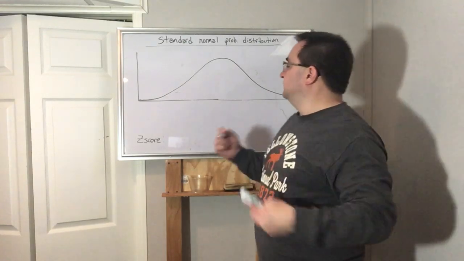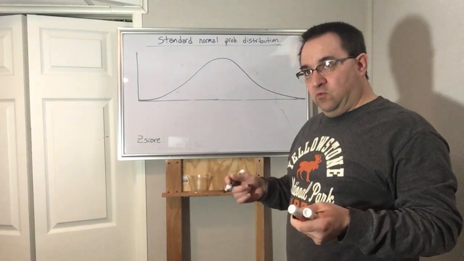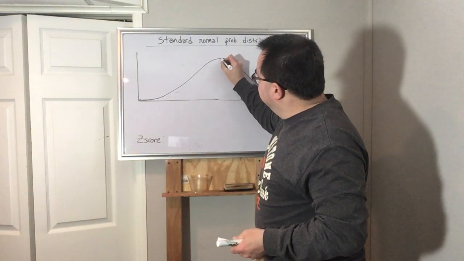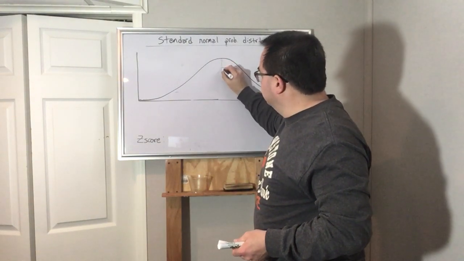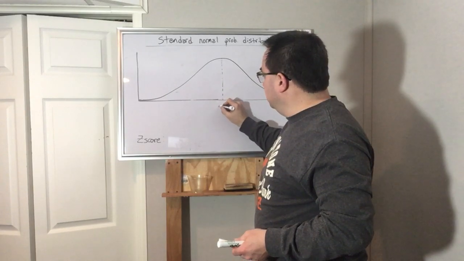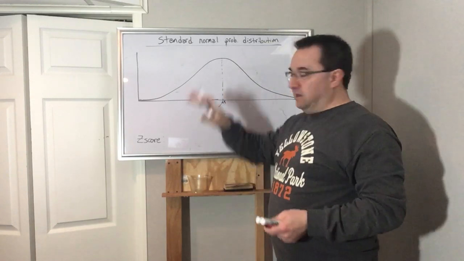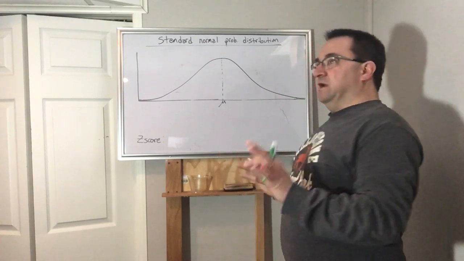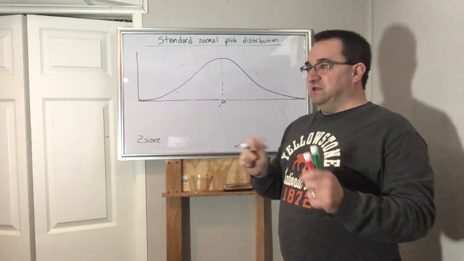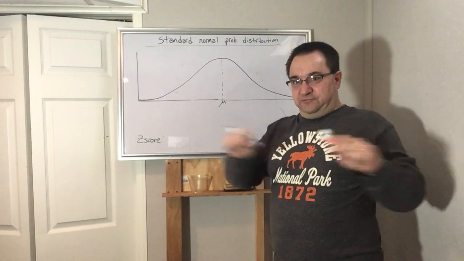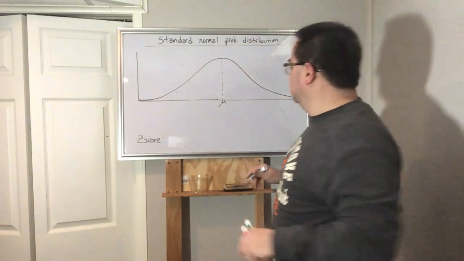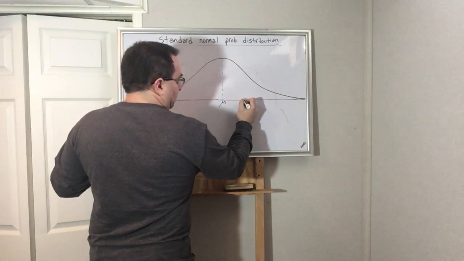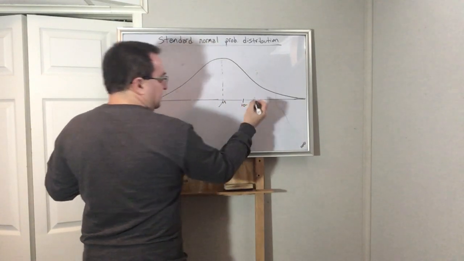The things we need to know: what's the mean? The mean on this picture is the very peak of that hill. That will be the mean of this data. Now, we already learned in a previous section that a standard deviation is how spread out the data is. In a normal probability distribution, let's go 1 standard deviation.